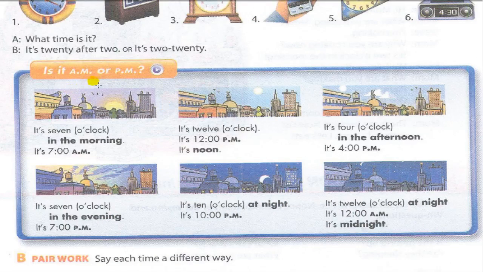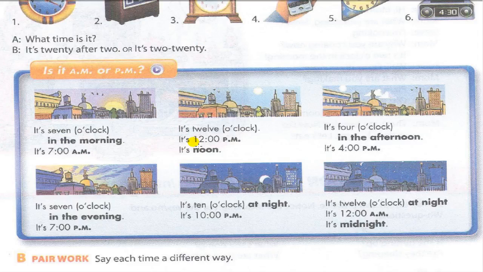Is it AM or PM? Let's listen. Is it AM in the morning or PM in the afternoon, in the evening? It's 7 o'clock in the morning. It's 7 a.m. It's 12 o'clock.